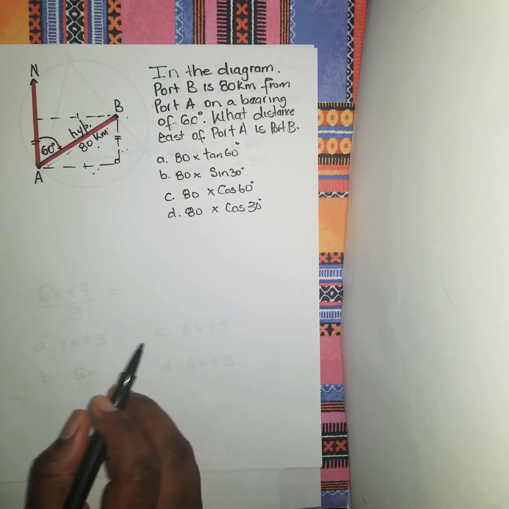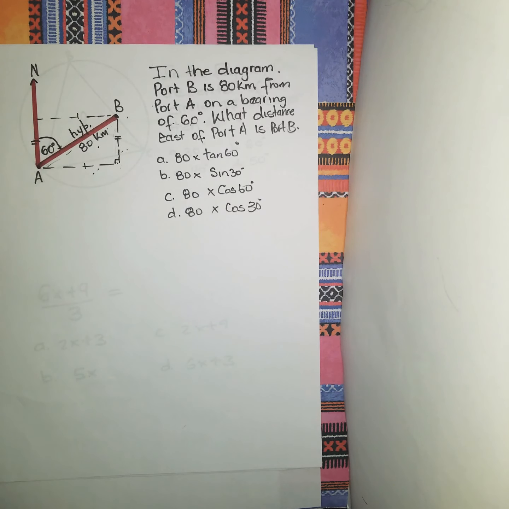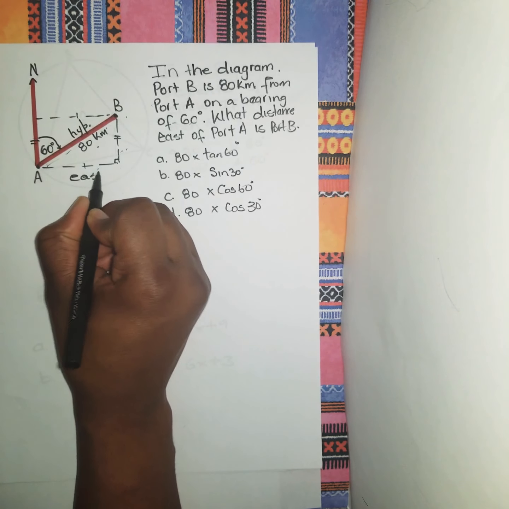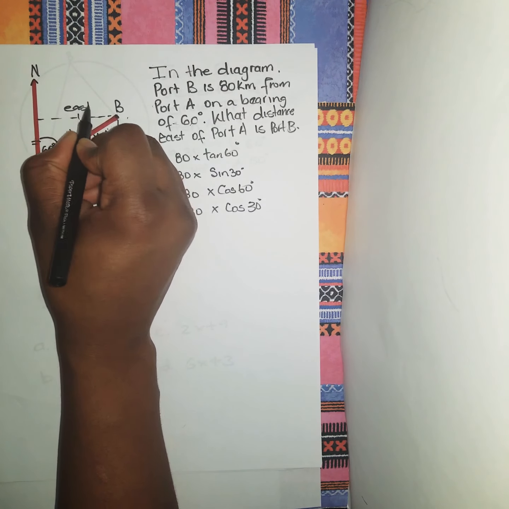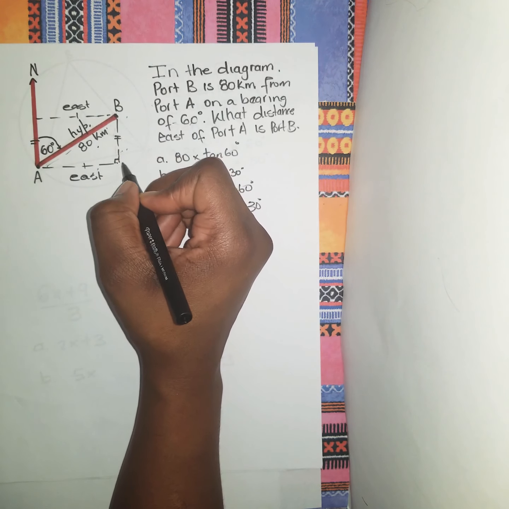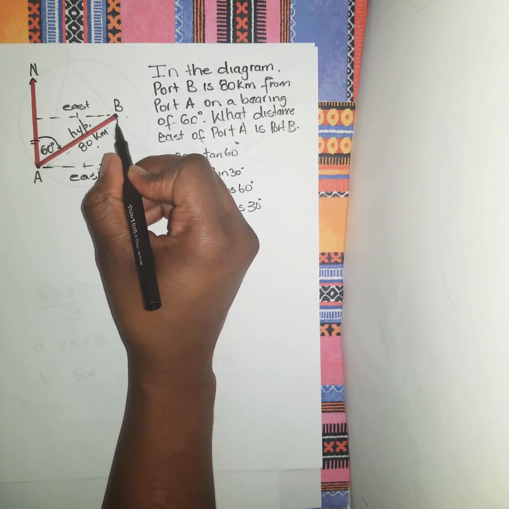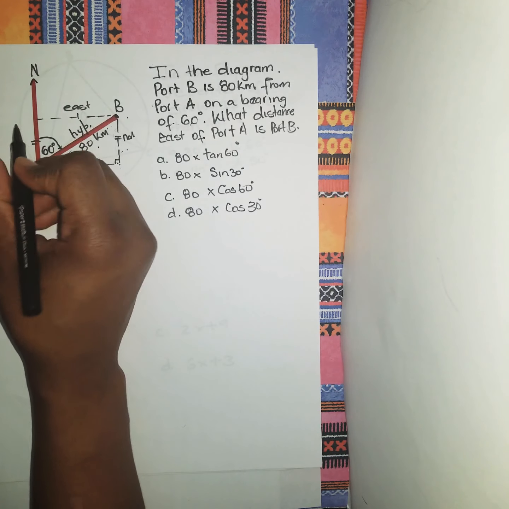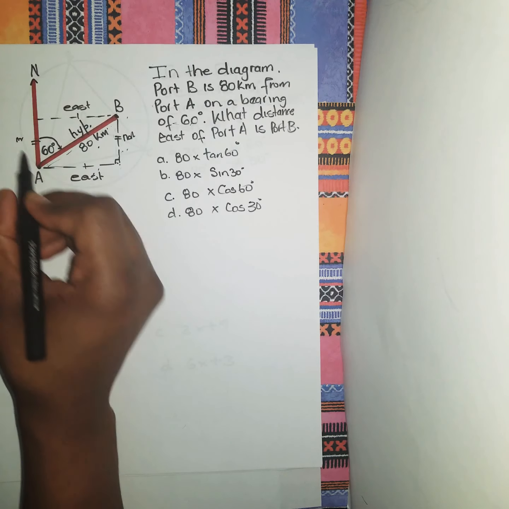All right? And we know that on the cardinal points, or the bearing or the direction, we can label the points. So we'll be going east here, and you're going north, so that's our north. You're going from the A point, which is already on the north line, as you can see there.